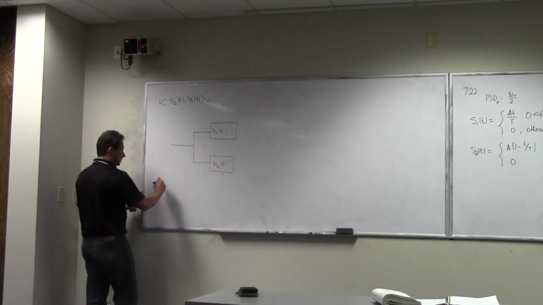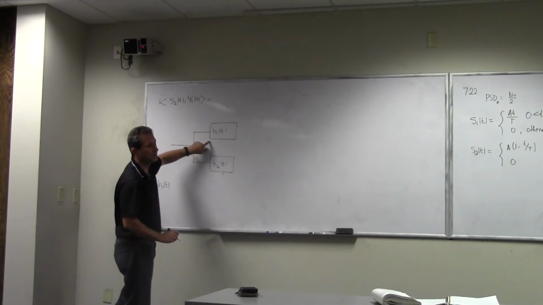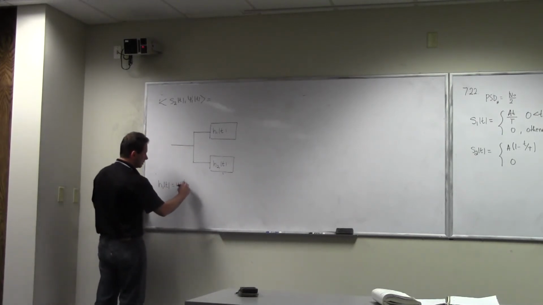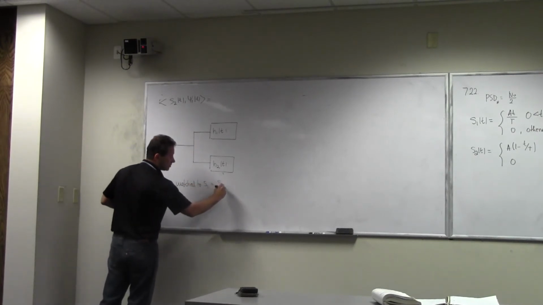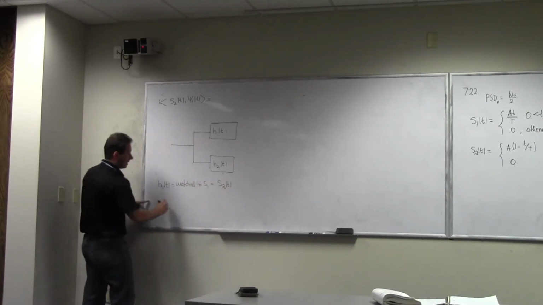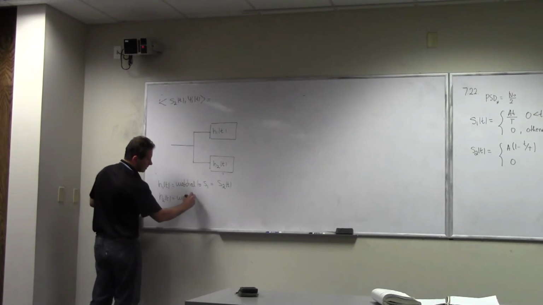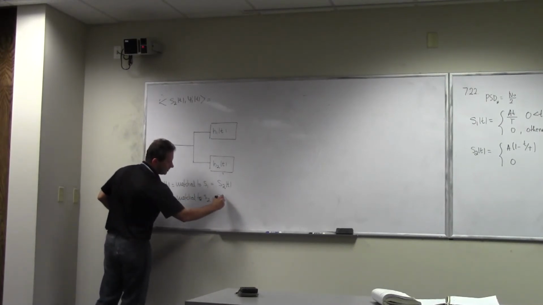Now, if you were to do H1 of t matched filter to S1, that would essentially be S2 of t. And then H2 of t, which is matched to S2, would be S1 of t.